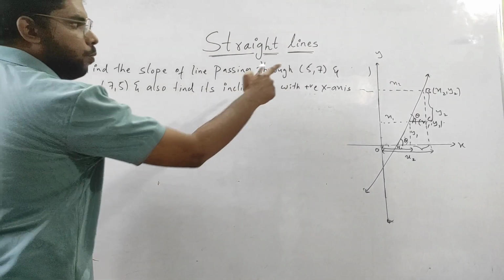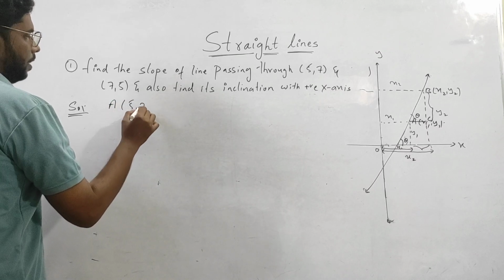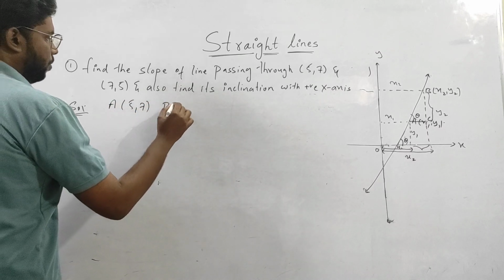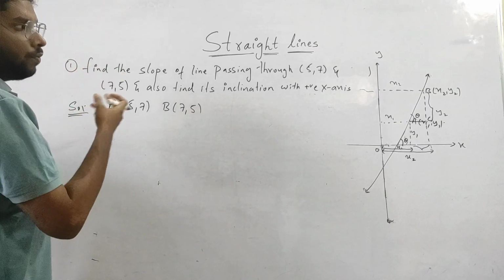What is given here? Two points. Let A be (5, 7) and B be (7, 5). Two points are given.